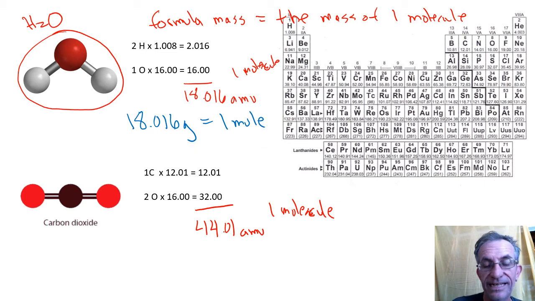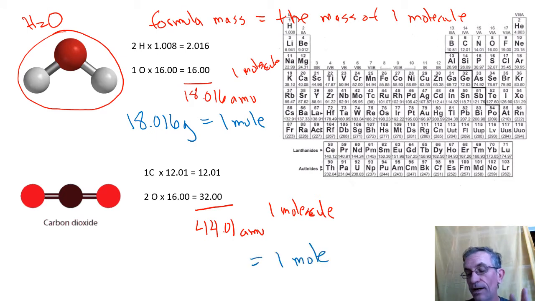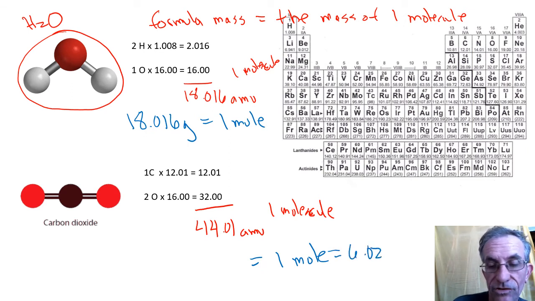For water, it was 18. For carbon dioxide, yeah, one little lousy carbon dioxide molecule weighs 44.01 AMU. A mole of carbon dioxide, so that's a bazillion carbon dioxide molecules, I guess we could write it out, 6.02 times 10 to the 23 of them, molecules of them.